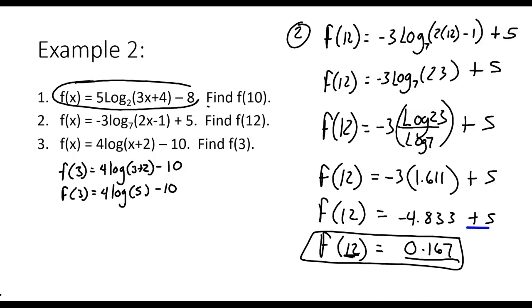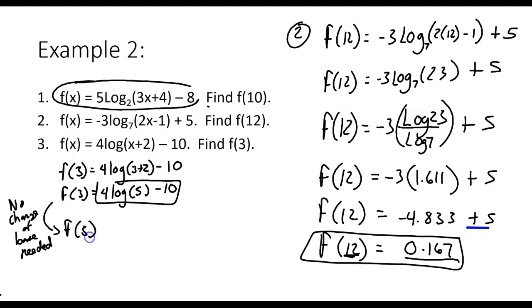So, matter of fact, you could probably just type this whole thing into your calculator now. Just do 4 and then log parentheses 5 parentheses minus 10. So you don't have to do change of base here. No change of base needed. Why? Because it's base 10, and that's what's on our calculator already, so there's no need to change it.